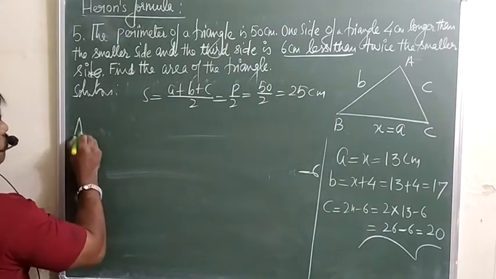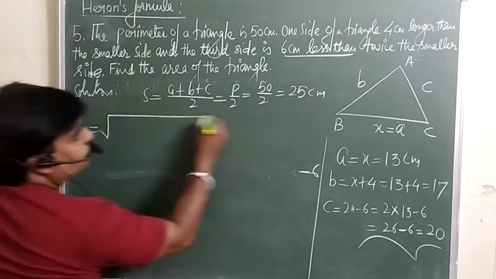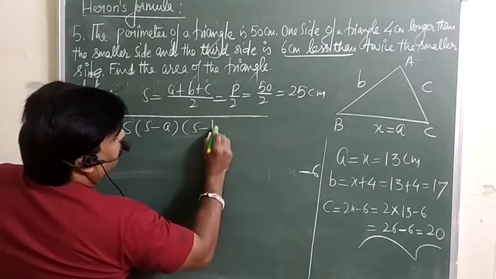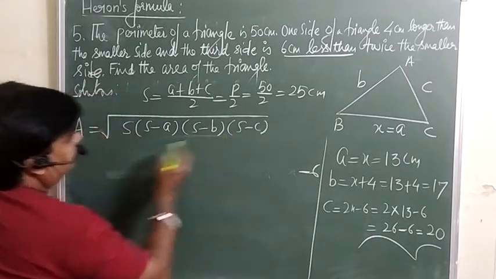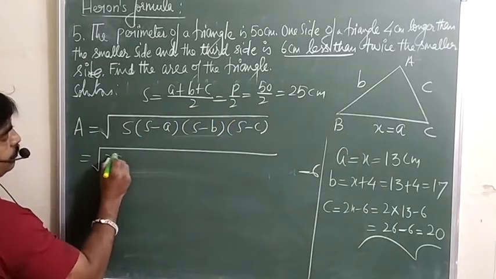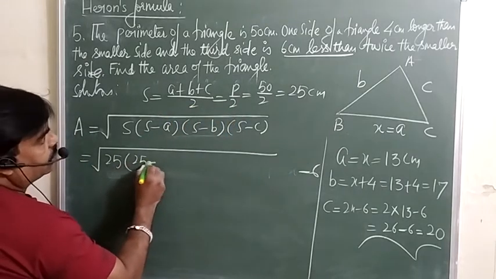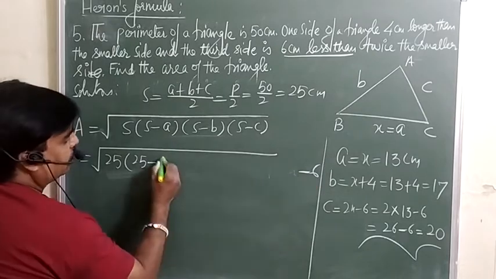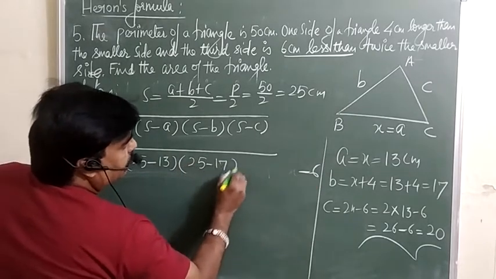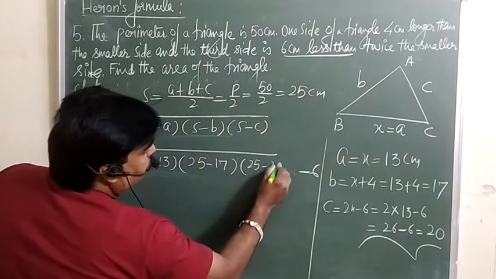You can find out the area of this triangle by applying Heron's formula: under root S, S minus A, S minus B, S minus C. S is 25. 25 minus 13, 25 minus 17, 25 minus 20.